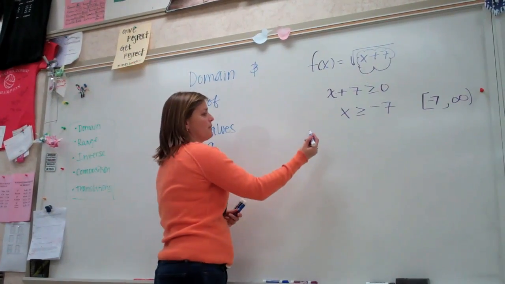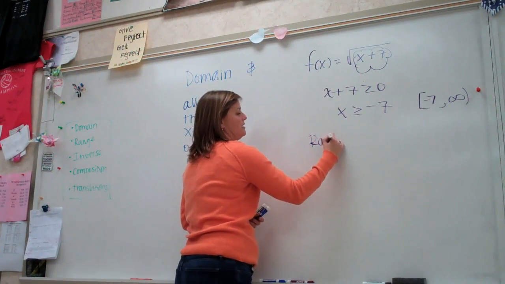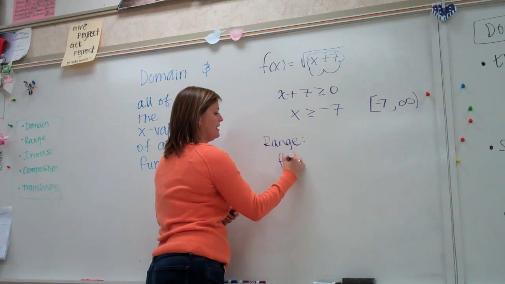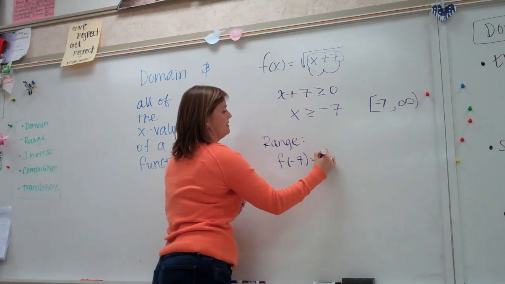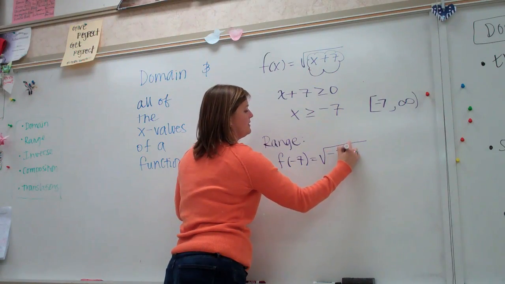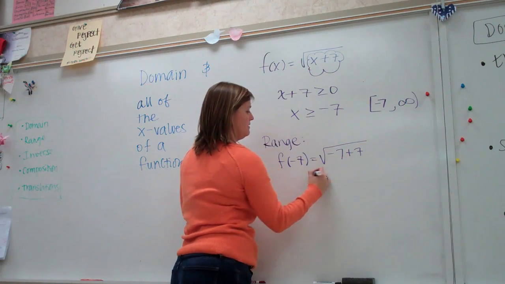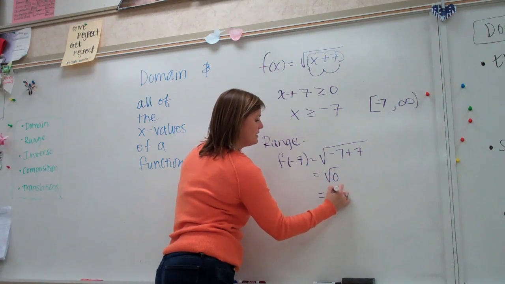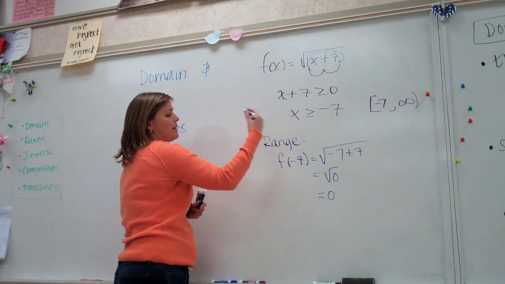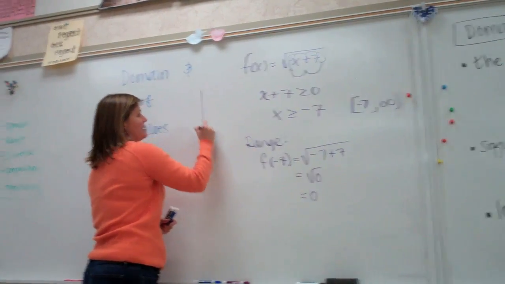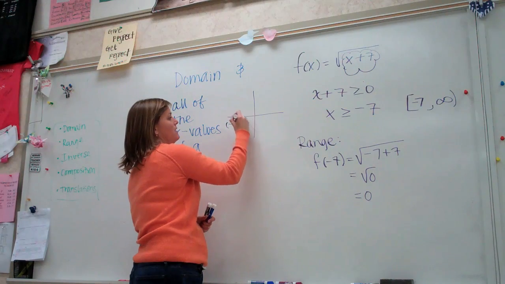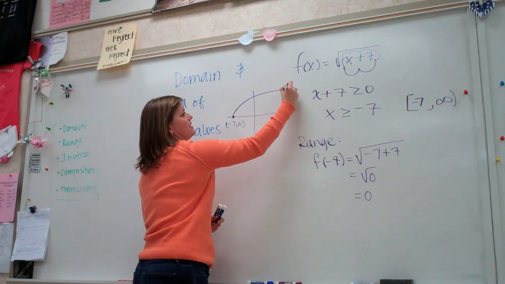Now to find the range of the square root, just plug this in. Find f of -7, which is the square root of -7 plus 7, equal to the square root of 0, which is 0. This graph starts here at -7, 0 and moves to the right.